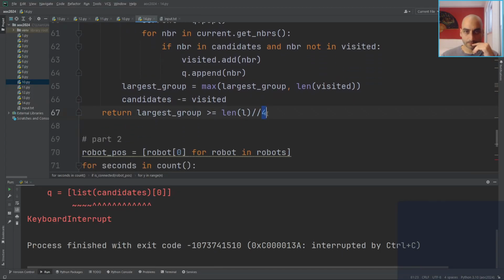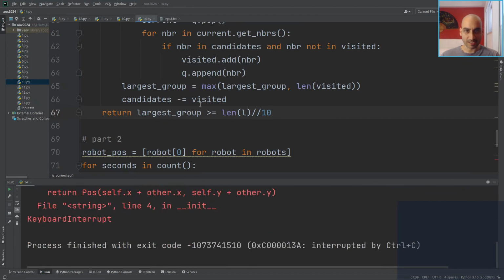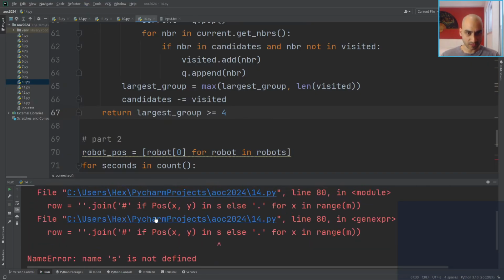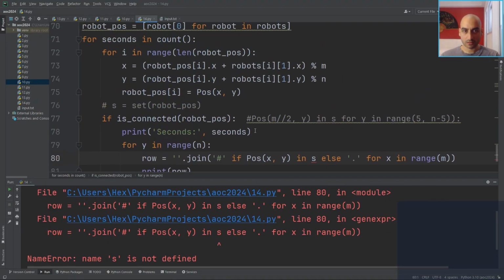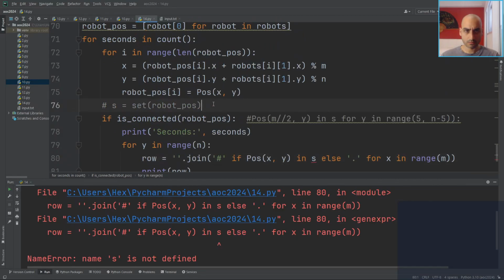Anything at all? Just divided by 10. Start small. Okay, get me something where there's like 4 of them together. Just give me something. S is not defined. Yeah. Oh, yeah, okay.